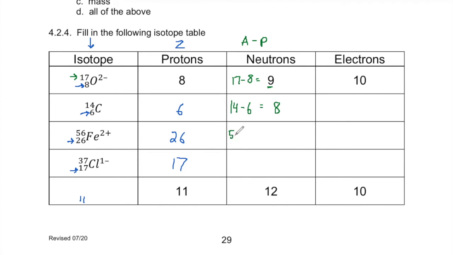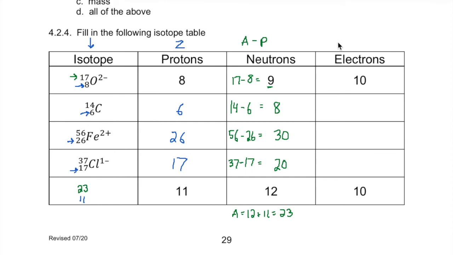For this one, we have 56 total mass minus 26 of that being protons, and so we have 30 neutrons. And for this one, we have 37 mass minus 17 protons, so 20 neutrons. If we know that we have 12 neutrons and 11 protons, then for this one, the mass number is going to be the sum of those, or 23. So this will have a mass number of 23.